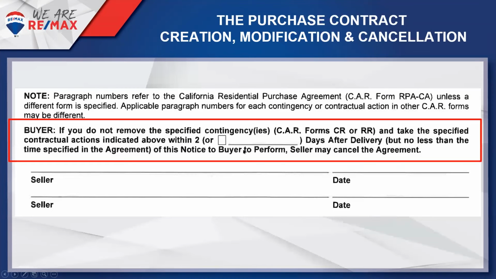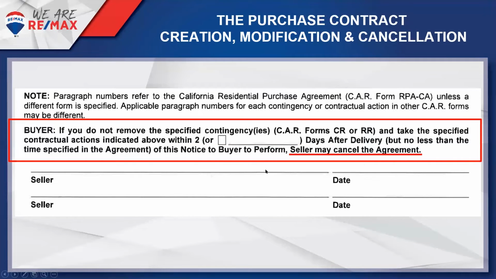And then if the buyer doesn't remove the contingencies or take the specified contractual actions within 2 days of receipt of this delivery, but not less than the time specified in the agreement, the seller may cancel. Now, here's a little trick.